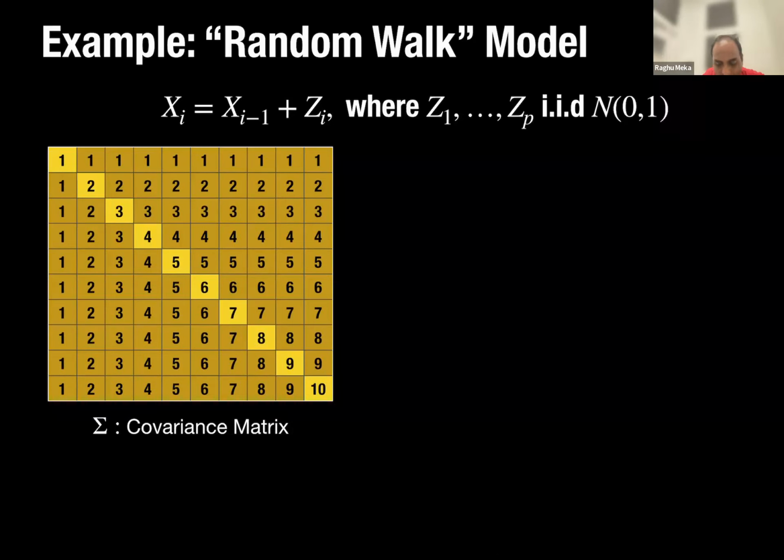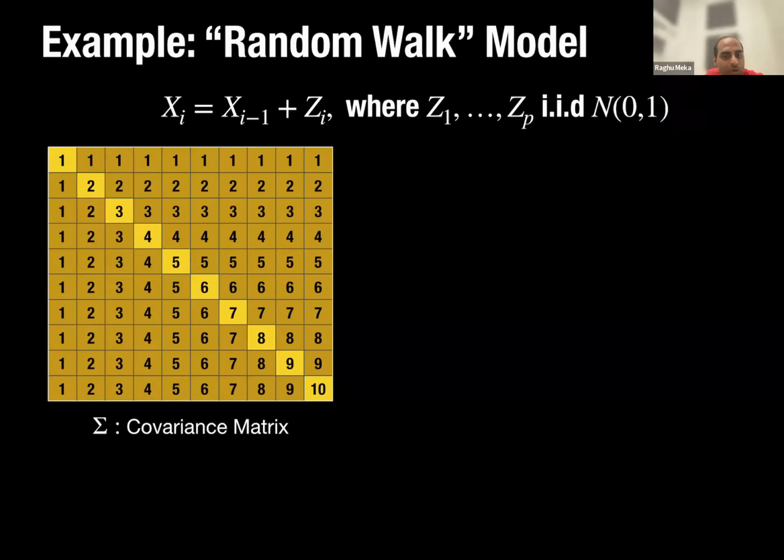So formally, you have independent IID Gaussian random variables, Z1 through ZP, but each xi is a prefix sum of the first few z's. So x1 is z1, x2 is z1 plus z2, x3 is z1 plus z2 plus z3, and so on. Okay.